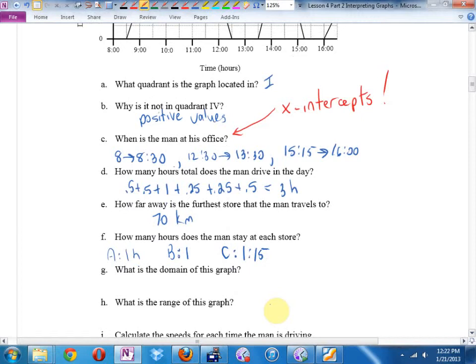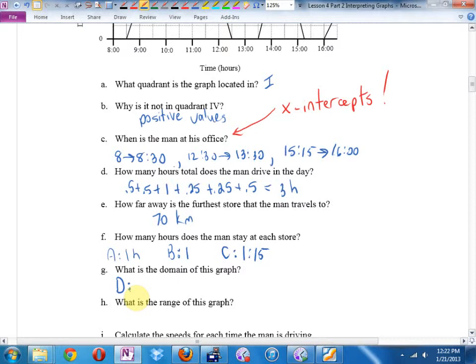What's the domain of this graph? That's all of the x values that appear. The domain, capital D. You with me? 8 I agree with.